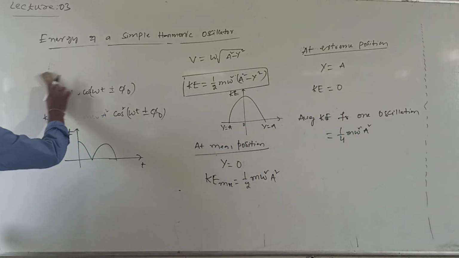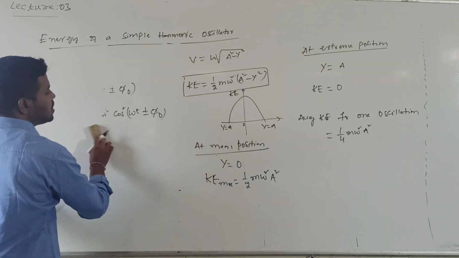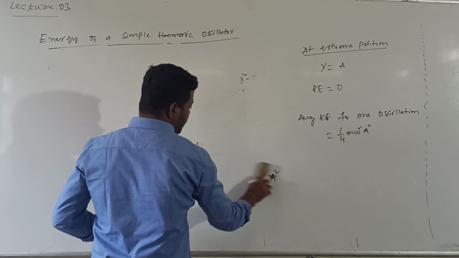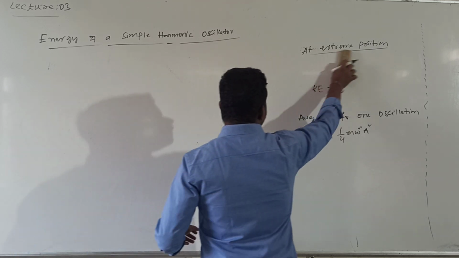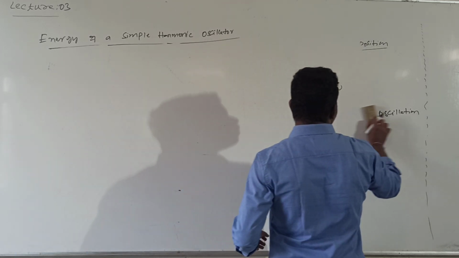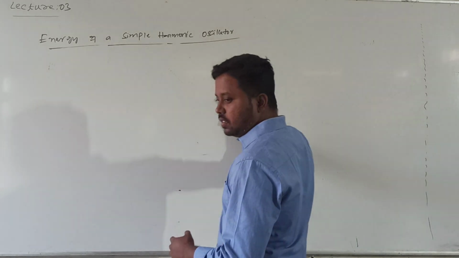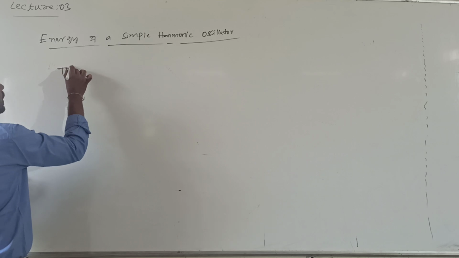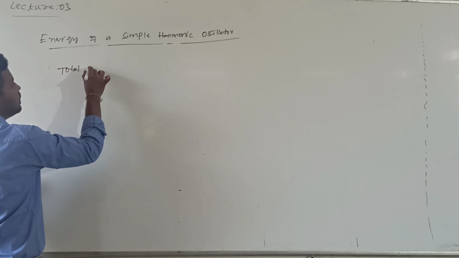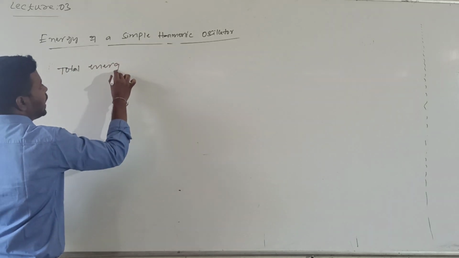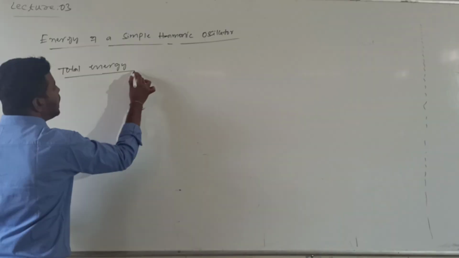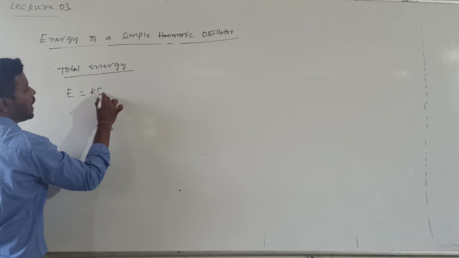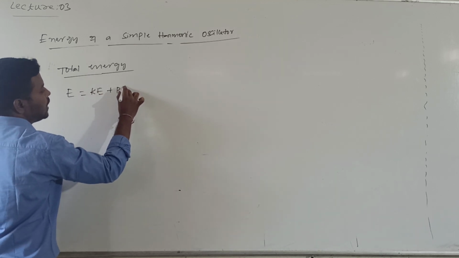After calculating the kinetic energy and potential energy, how can we calculate the total energy of a particle executing simple harmonic motion? Can I call this total energy with the capital E representation? Total energy is the sum of kinetic energy and potential energy.